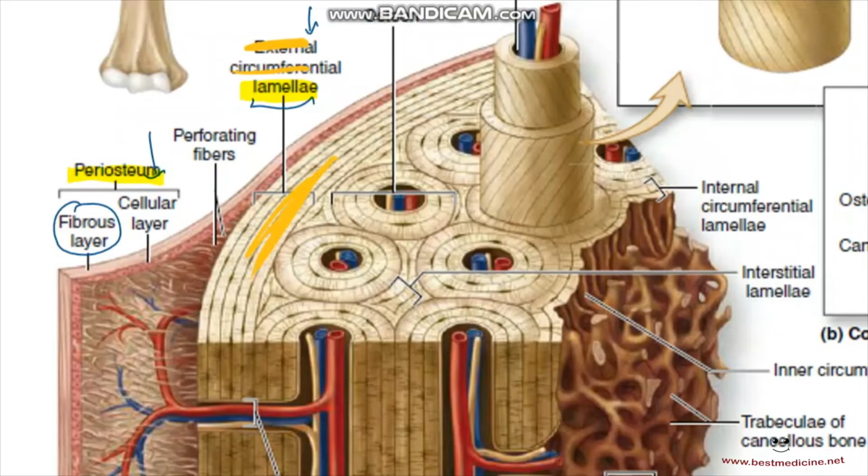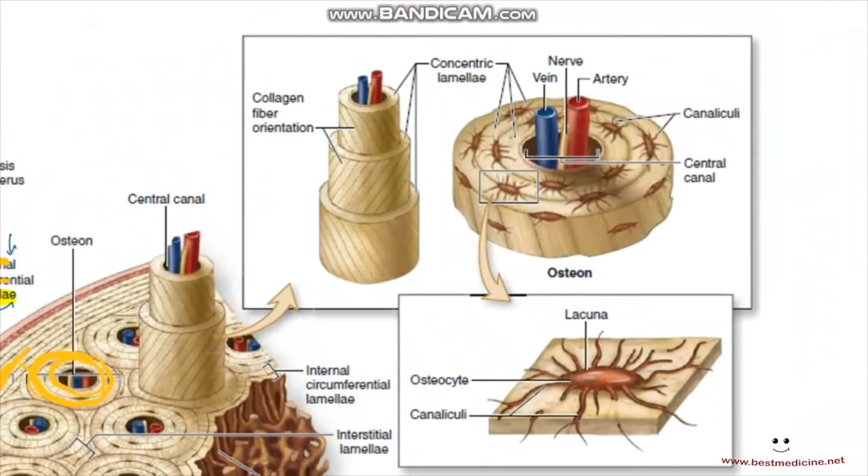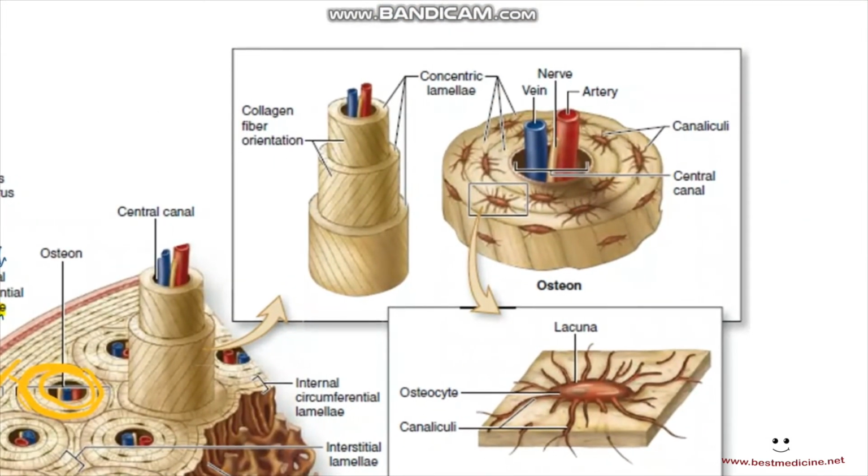And then as we move inwards, we find some circular lamellae surrounding some canals in the middle, right? These circular lamellae surrounding canals form the Haversian system, or they're also referred to as osteons, okay? And that's what an osteon looks like in this diagram right here.